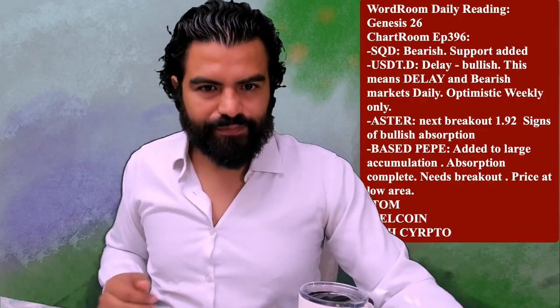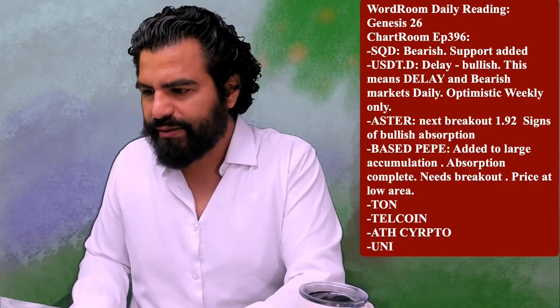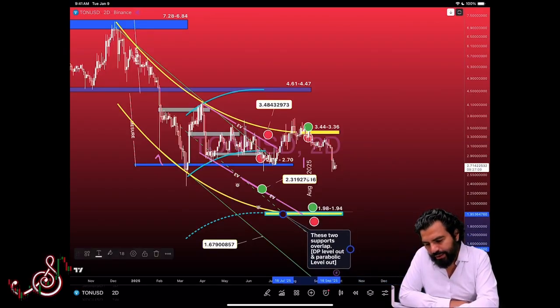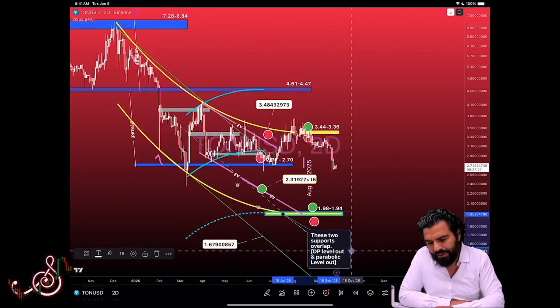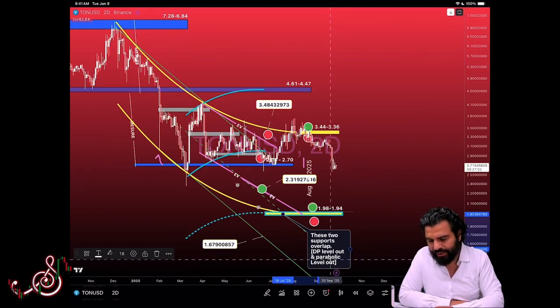All right. Let's go to TON, see what we can find. Okay. These two supports overlap. DP level out, parabolic level out. Okay.